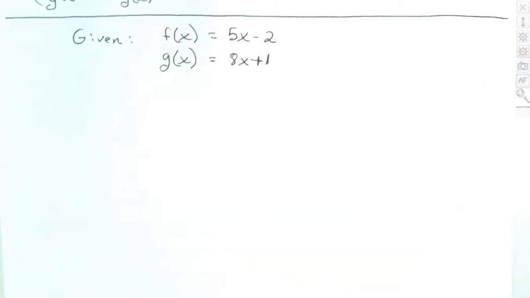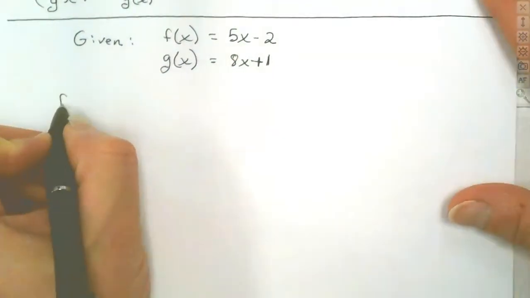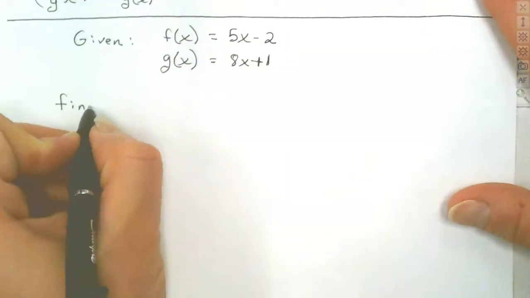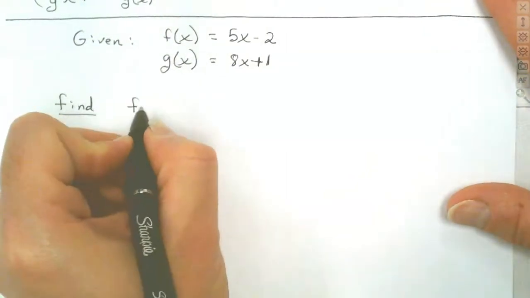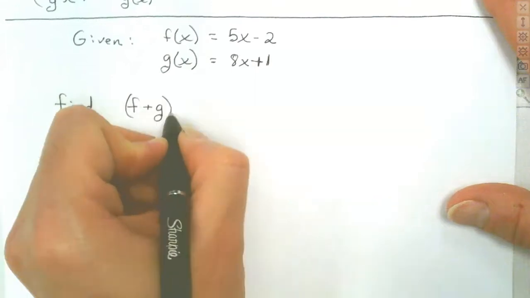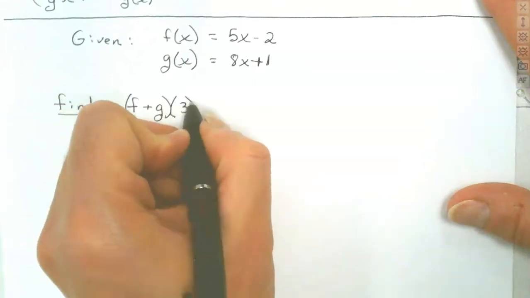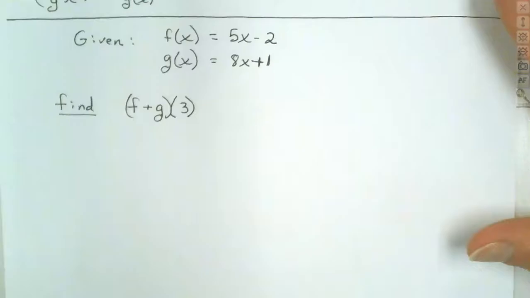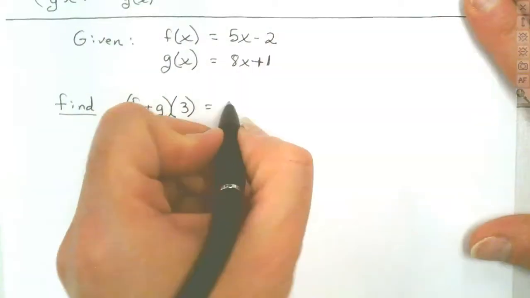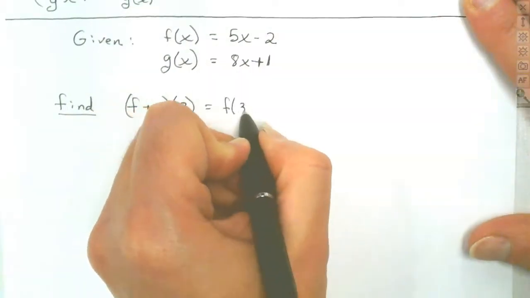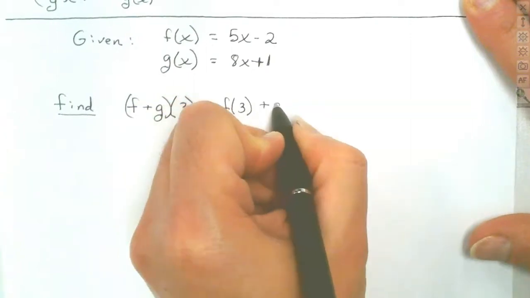And let's try to do addition first. Let's try to find f plus g of 3. What would that be if I write it out? Well, that would be f of 3 plus g of 3.